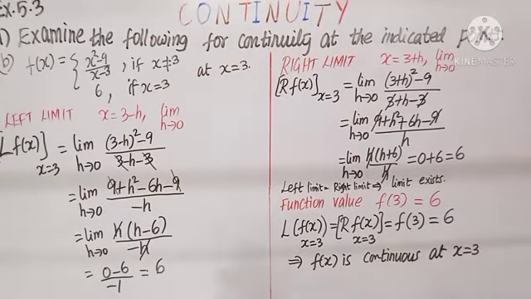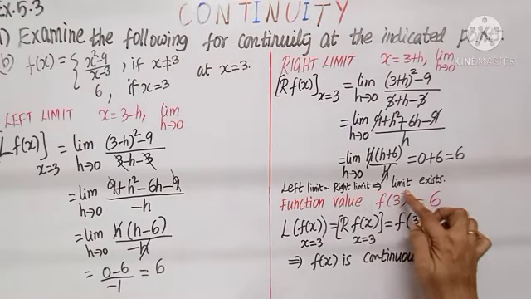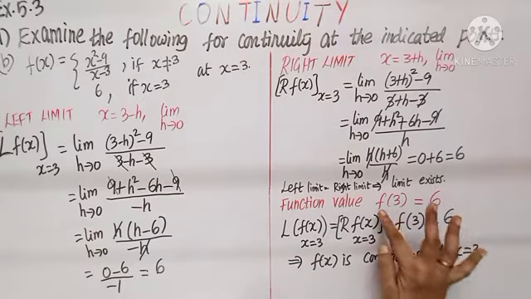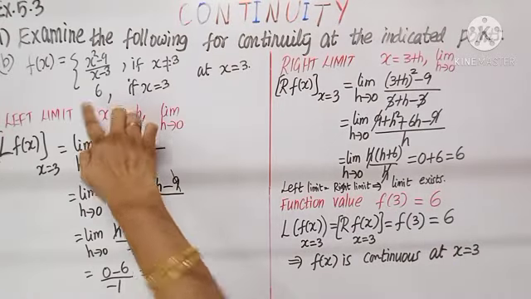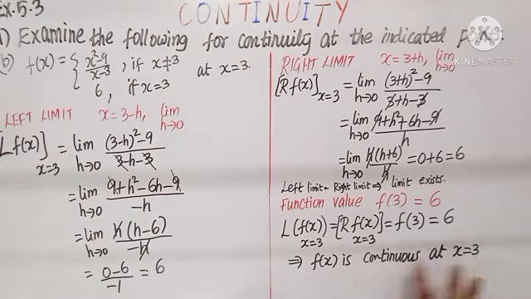Hence, left limit and right limit are equal tells us limit exists. f of 3 is given to be 6 in the question. Now all are equal tells me f of x is continuous at x is equal to 3.